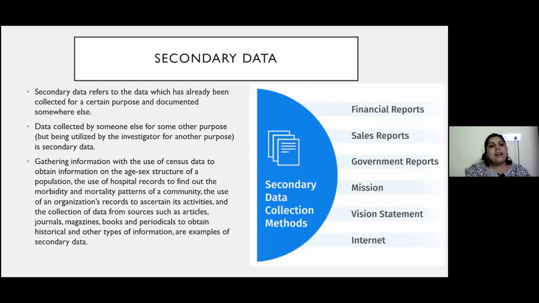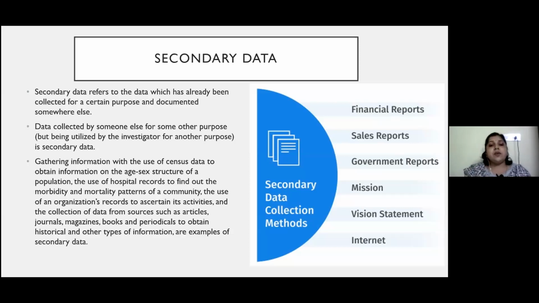Secondary data refers to the data which has already been collected for some other purpose or a common purpose, and documented somewhere else with some other authority. Data collected by someone else can be used by us for our research purpose, and that becomes secondary data for us. Although it can be first-hand data for them, it becomes second-hand data for us, because that is not done for our use.